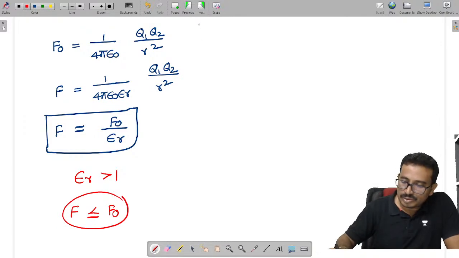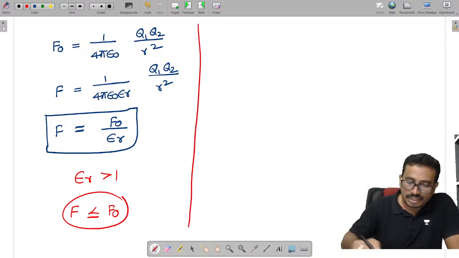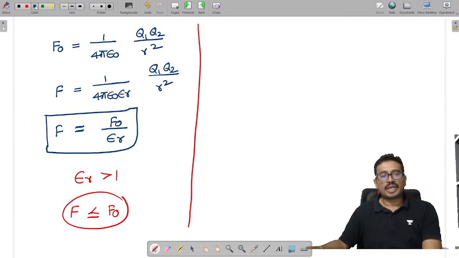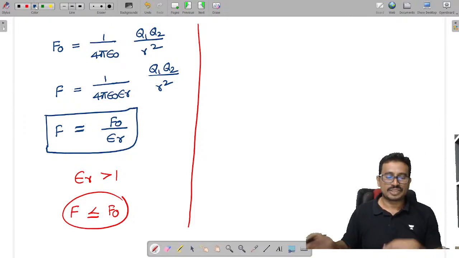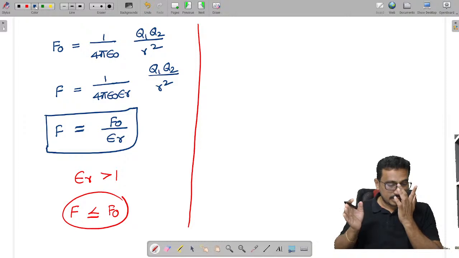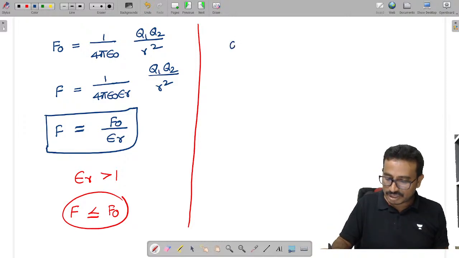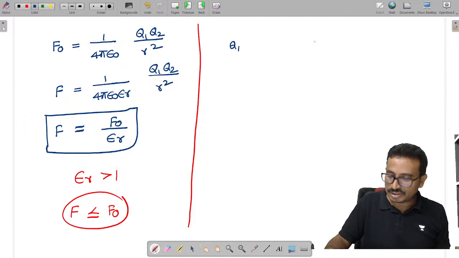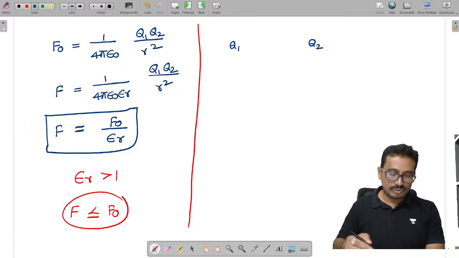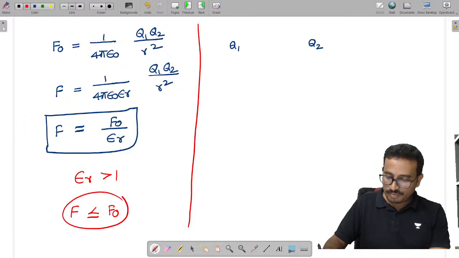Done. So now here, I have two charges. Initially we have two charges Q1 and Q2, and the medium between the two charges is air.